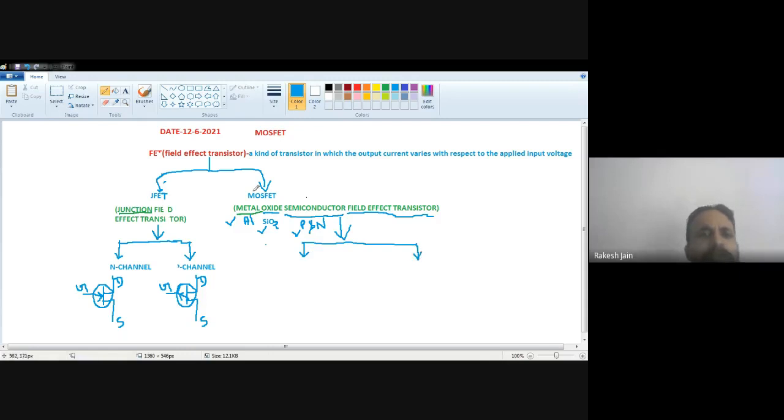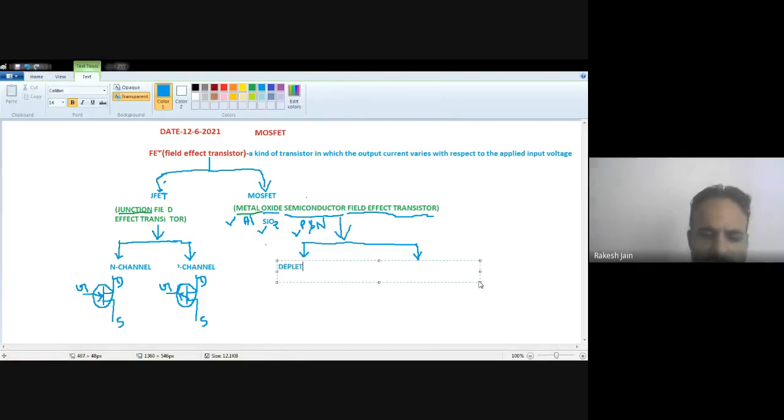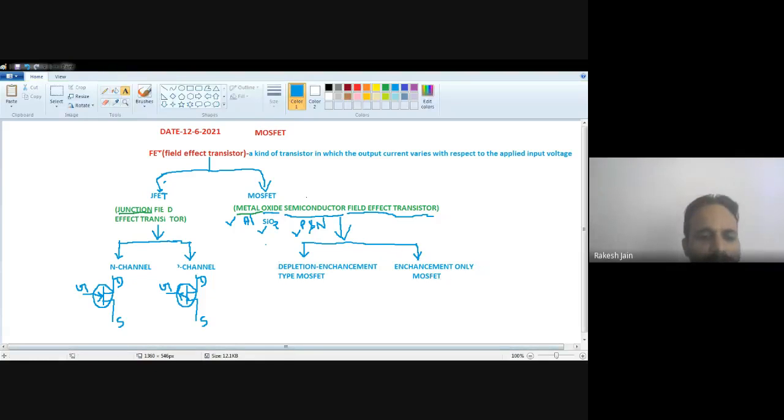One is known as depletion enhancement type MOSFET, and the second one is known as enhancement only MOSFET. So there are these two kinds of MOSFET.